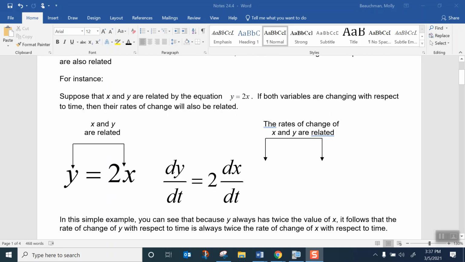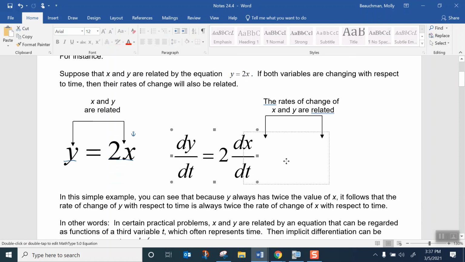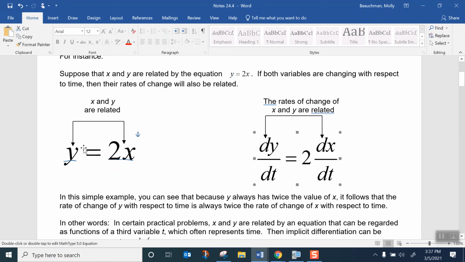Suppose x and y are related by the equation y is equal to 2x. If both variables are changing with respect to time, then their rates of change will also be related. So when we say changing with respect to time, we're taking the derivative of y and the derivative of x with respect to a new variable, which is t.